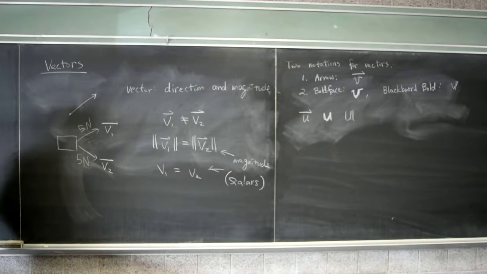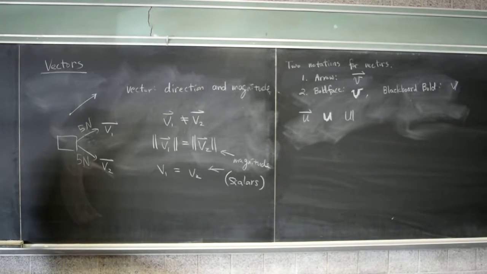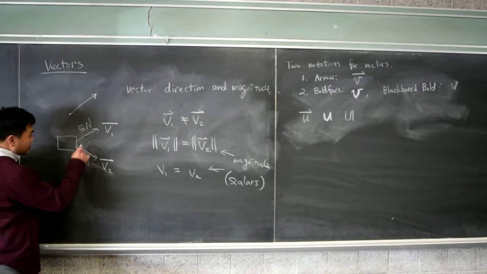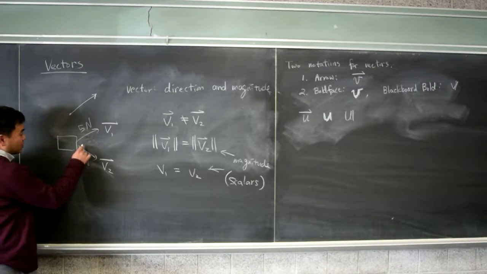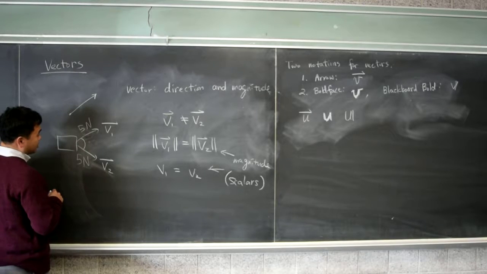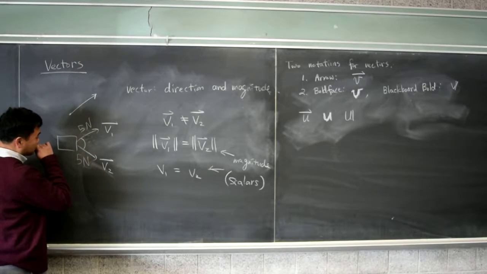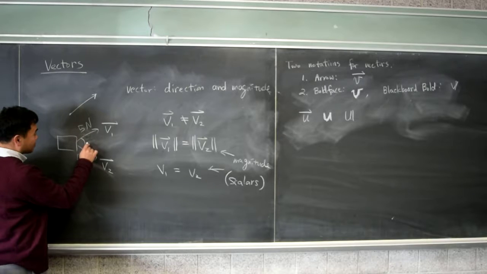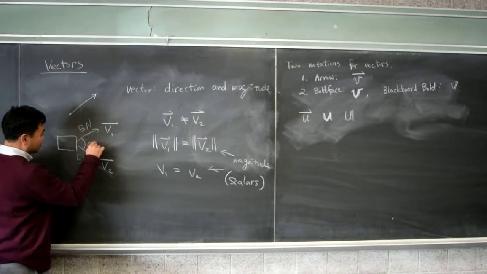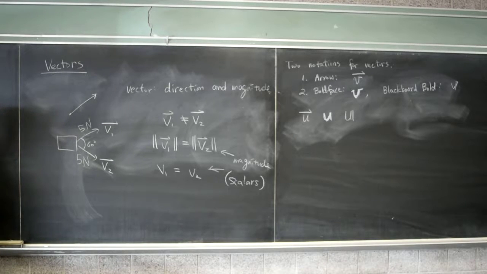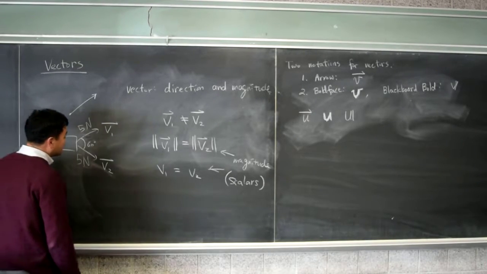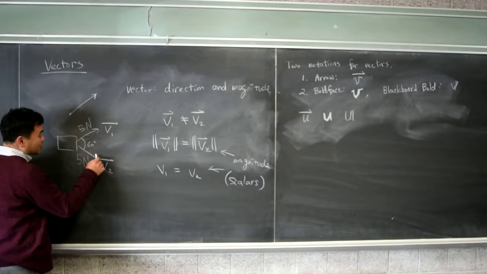Now, vectors were first used by Newton because he wanted to explain how to add forces when they're not aligned together. If you have two forces acting on this with a certain angle here, let's just say this is 60 degrees. Doesn't look like 60 degrees, but let's just say that's 60 degrees. In that case, what is the sum of these two vectors?